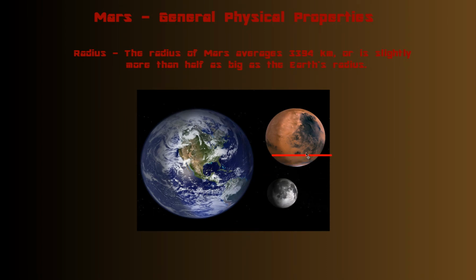This picture is to scale here. So if I put up a line that goes across Mars, you can see that that takes up a little bit more than half of the Earth. So pretty big planet, but not as big as ours. It's actually one of the smaller planets in the solar system, but still it's got a lot of land area.